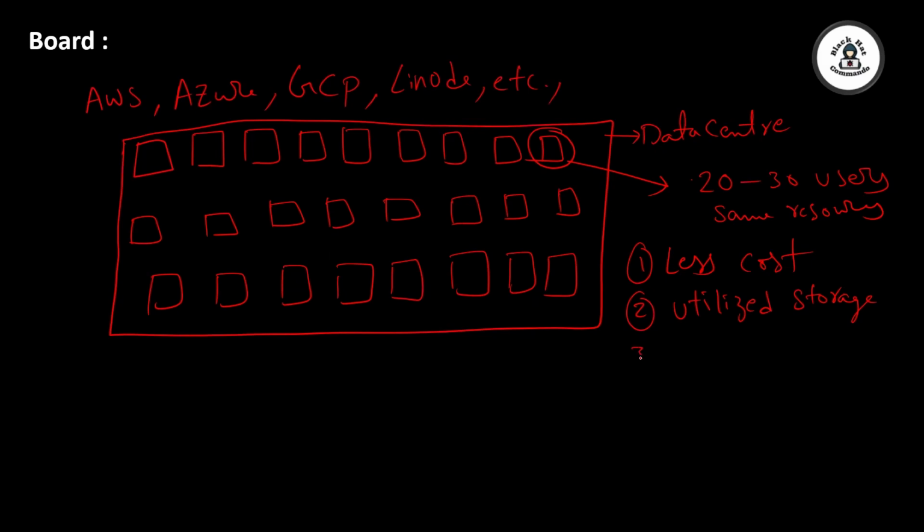If we use one server for one company, the electricity cost is high. Now 20 to 30 users pay to the cloud, and the same amount of electricity units is consumed. So, less electricity cost.